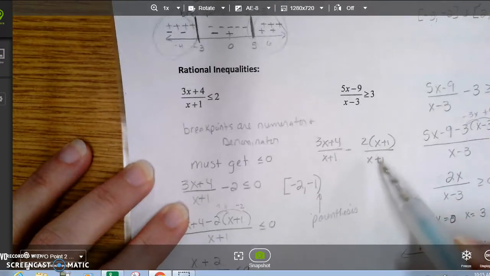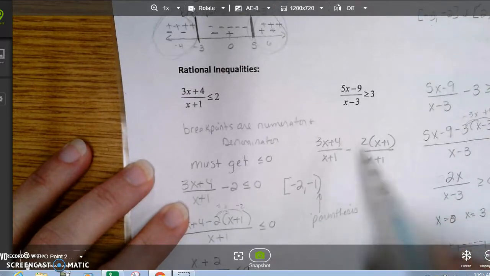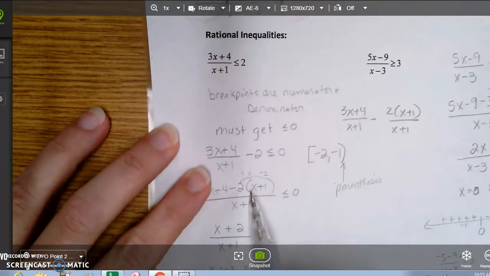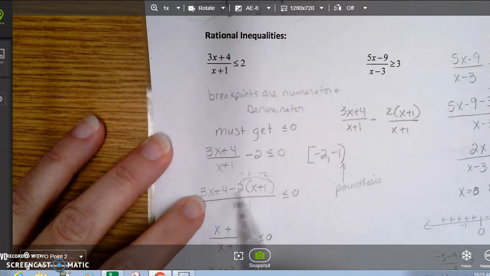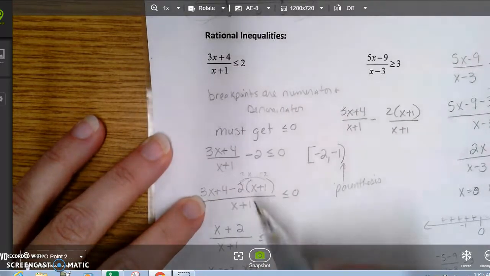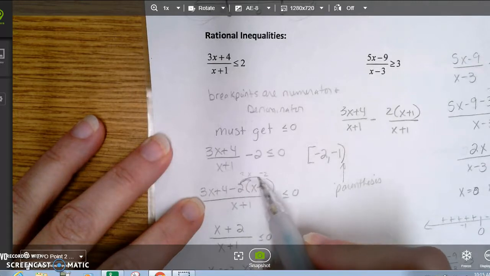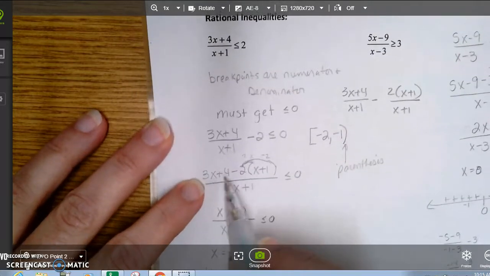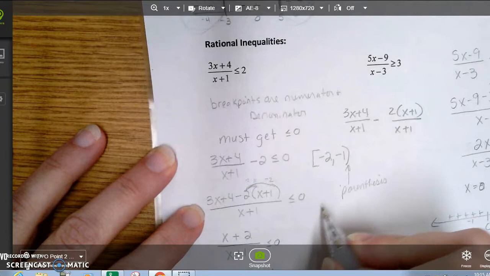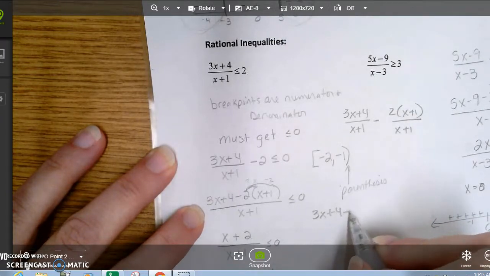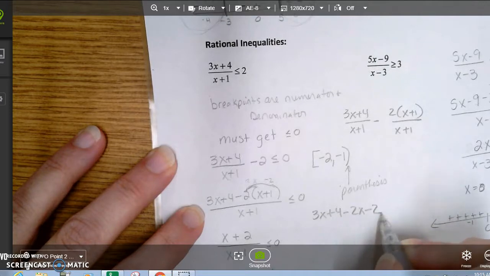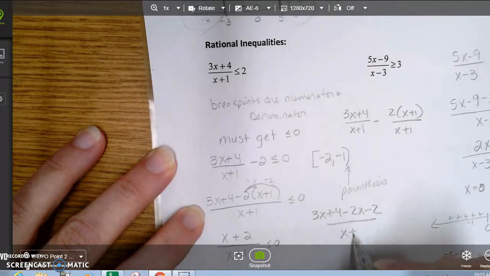So this is how I get my common denominator. So now that leads to this step right here, where I have everything over the same denominator, and I have to distribute. So I end up with (3x + 4 - 2x - 2)/(x + 1).